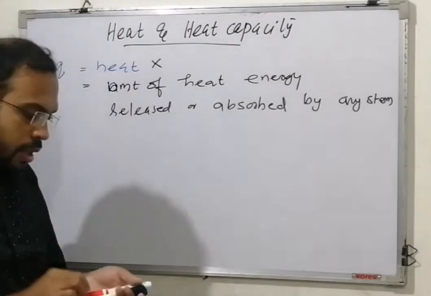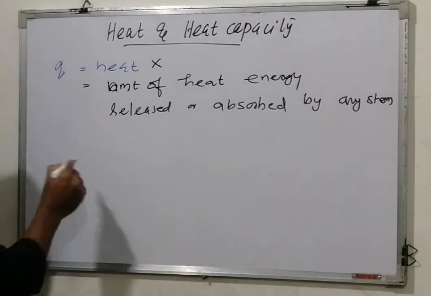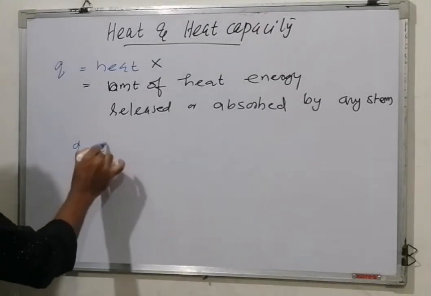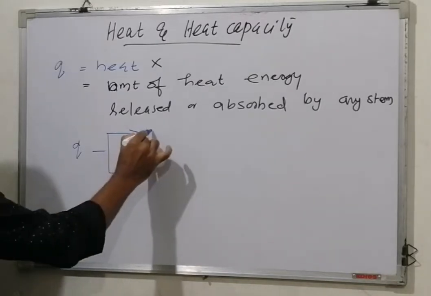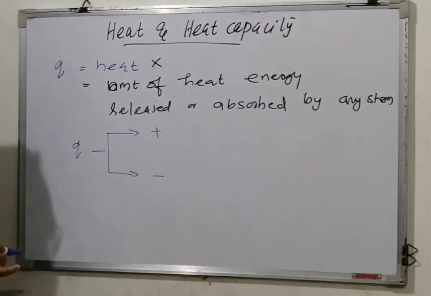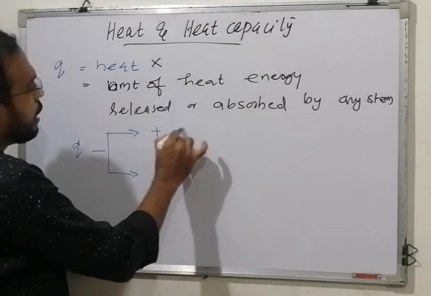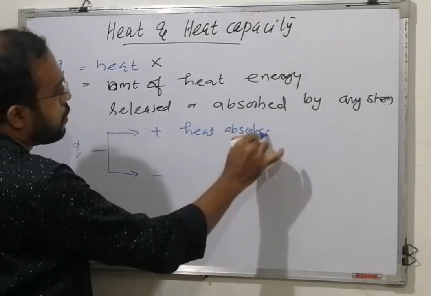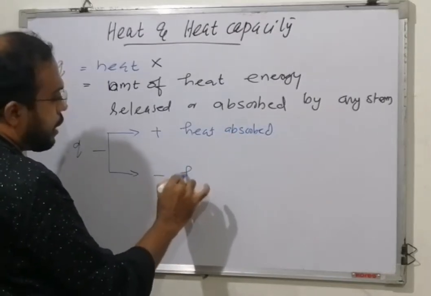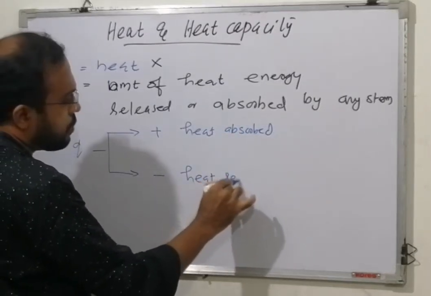Q is the amount of heat released or absorbed. Therefore, there are two directions, that is plus and minus. Plus means the amount of heat absorbed. Minus is heat released.